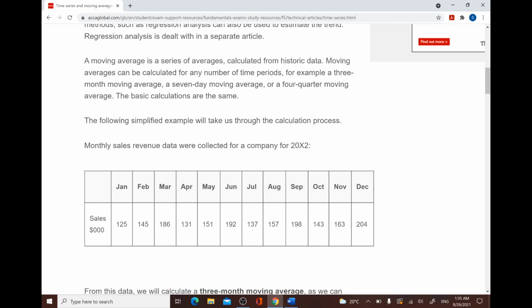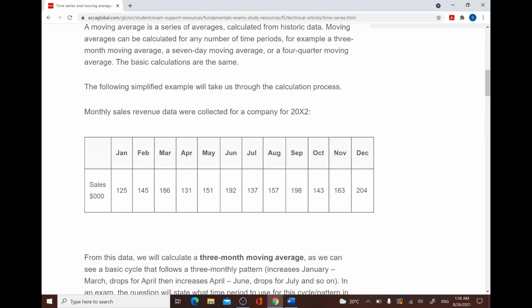So for our example now, we're looking at the odd number calculation, and later towards the end, we will be looking at even number period calculation. For example, like 4 quarters, 2 quarters, where it's hardly possible for you to get the midpoint at the first point of contact. So therefore, this is a simplified example that will take us through the calculation process.